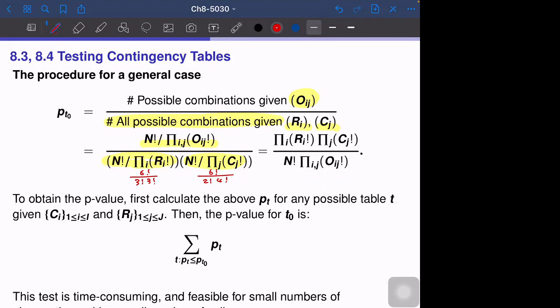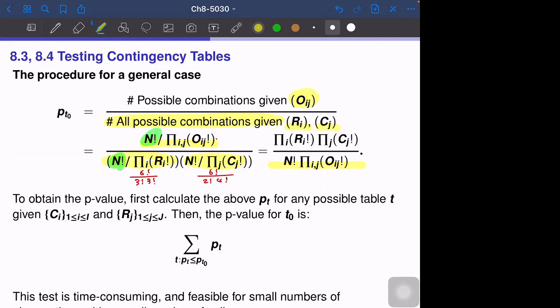And the numerator is just all possible combinations, as demonstrated on the previous page. If we cancel several terms, for example, the n factorial is here and here, so we can cancel it, then we can simplify it to this expression. So this is the formula to calculate the probability of a specific table, the T0.